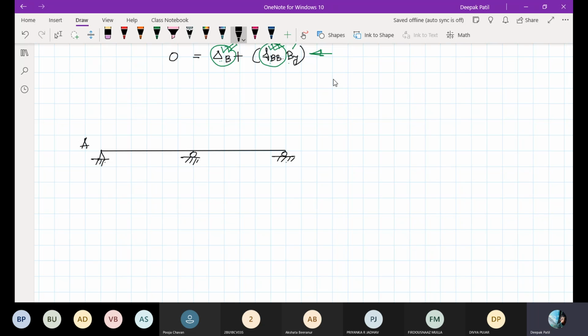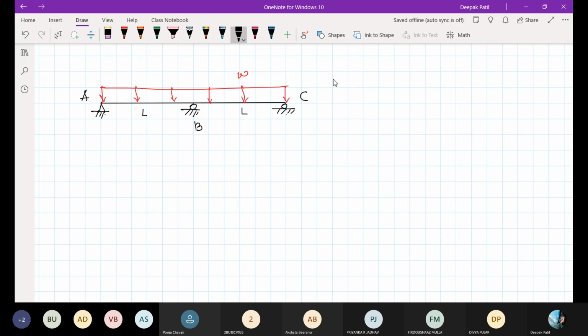So this is A, B, and C. Let this beam be subjected to a uniformly distributed load of W. Let this be L and L span. Okay, am I audible? Yes, sir.